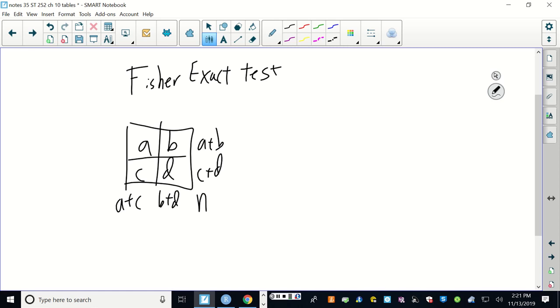That's the table that you observe. Conditional on the margins all around here, the chance that you have this configuration of the counts inside follows a hypergeometric distribution.